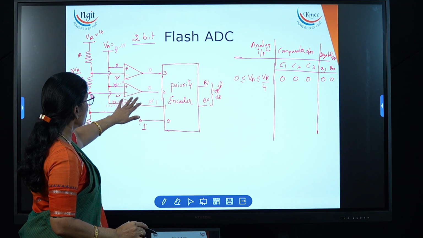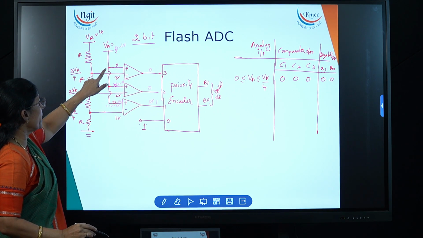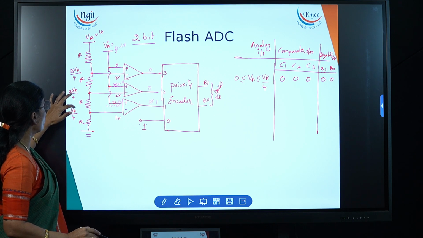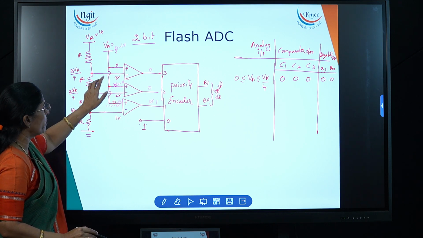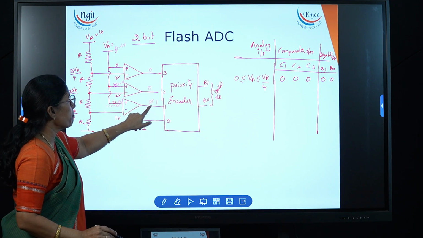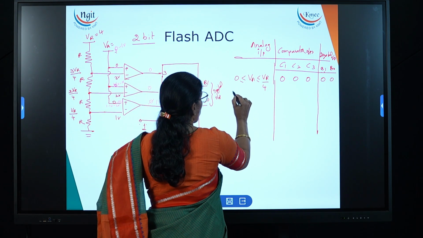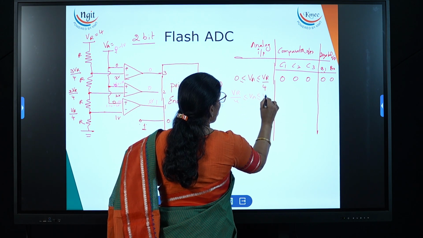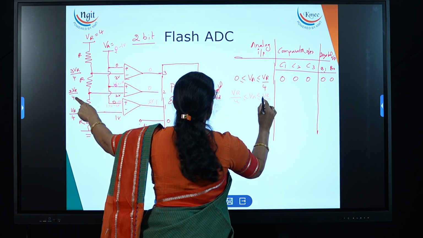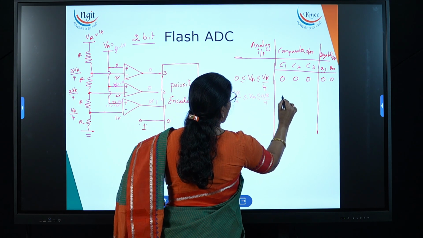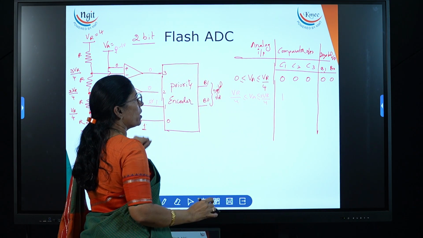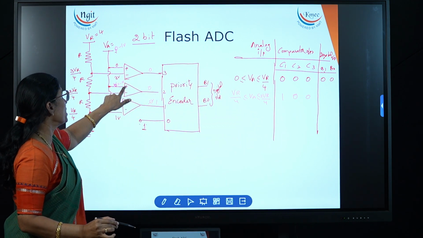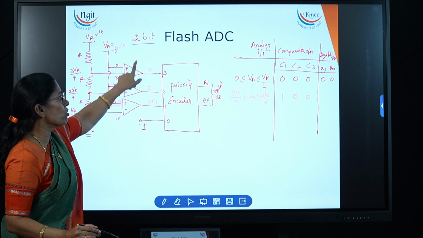So what we understood is, if I apply a voltage between V reference by 4 and 2V reference by 4, that is 1 to 2 volts, then my comparator 1 is logic 1 and the remaining 2 comparators are 0. Why? Because the positive voltage is less than the negative voltage, that's why I'll get 0, 0.